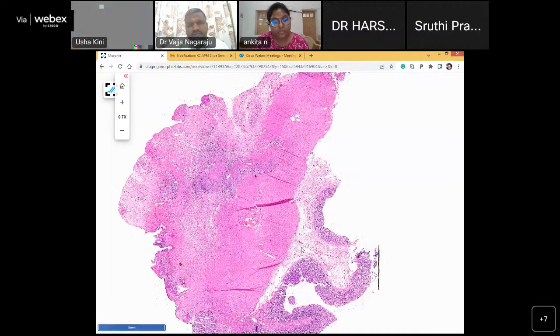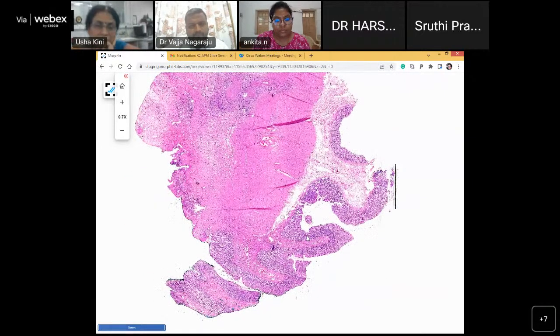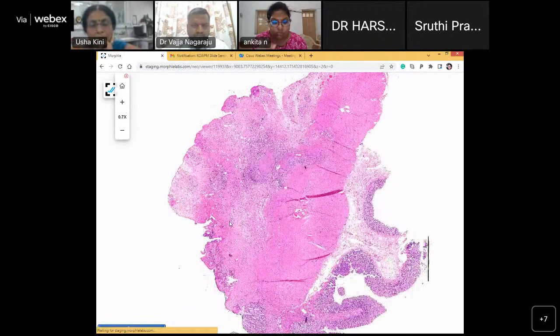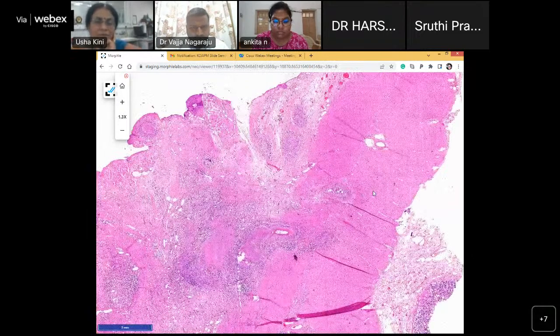Most commonly you find them outside the muscle layer. Why aren't they here in the mucosa? In the submucosa? Not even here where the skin is. Yes, it is a little deeper down. Okay, that's a point we'll see further.